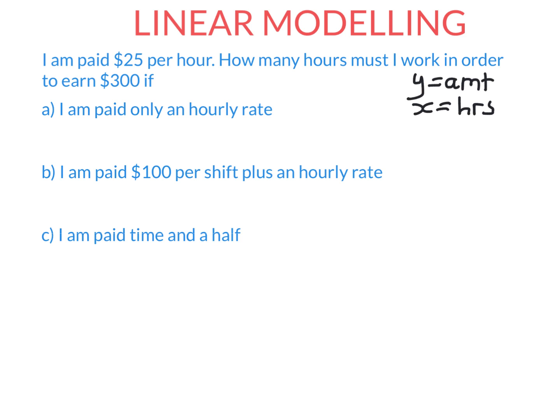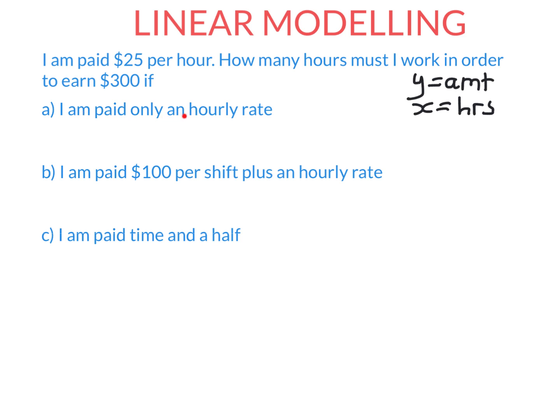Remember, the idea behind a linear equation is that each time one variable increases by a unit, you get the same change in the other variable. So your pay and number of hours worked is always going to be linear. Well, it will be as long as you are paid an hourly rate, because for each additional hour you worked, you get the same increase in pay.